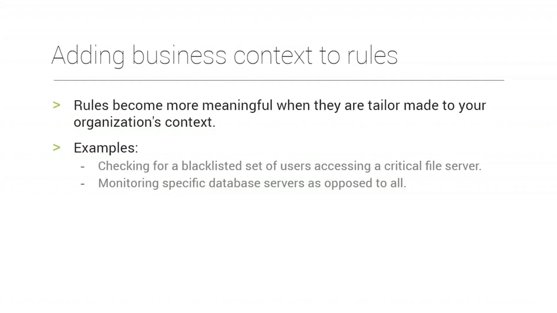So instead of monitoring all your database servers, you can set up certain data breach rules to monitor only specified database servers which are important to you. So this is why I say you can add business context to your event correlation process by checking for highly specific conditions which are important to you and your organization.